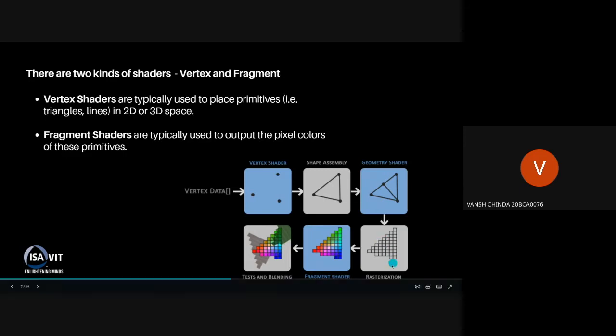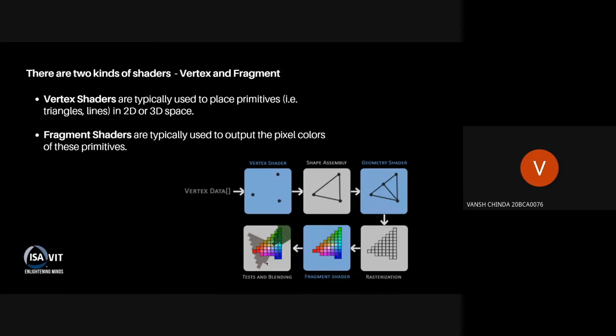What a fragment shader will do is give color to all the pixels that have been rasterized. This rasterization process I'll explain in the next slide. After the fragment shader has done its work, the 3D object will be rendered. And after rendering, you can put in some lights on it and tweak the shadows that it will create.